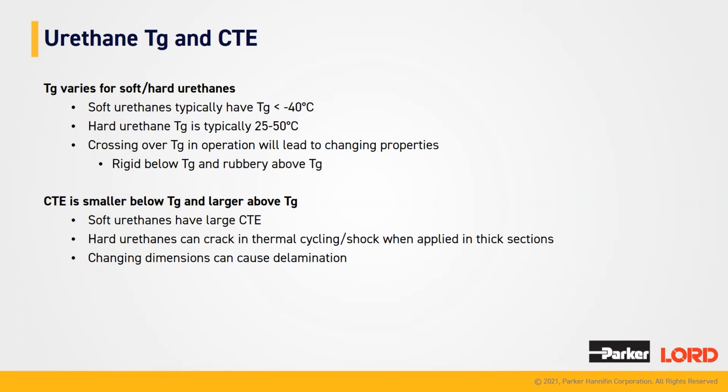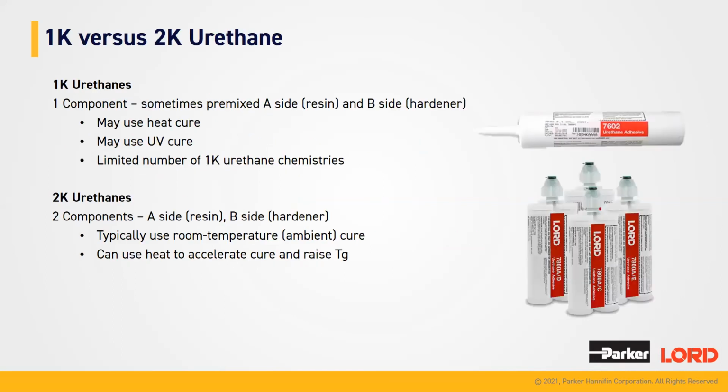Our soft urethanes have a larger CTE when compared to our hard urethanes. For that reason, our soft urethanes can avoid problems that our hard urethanes may encounter, such as cracking when undergoing thermal cycling or shock, and delamination because of the changing of dimensions. We do offer our adhesives in both 1K and 2K packaging.